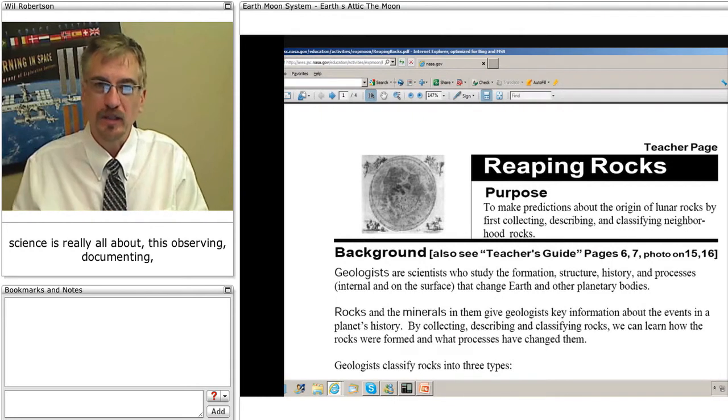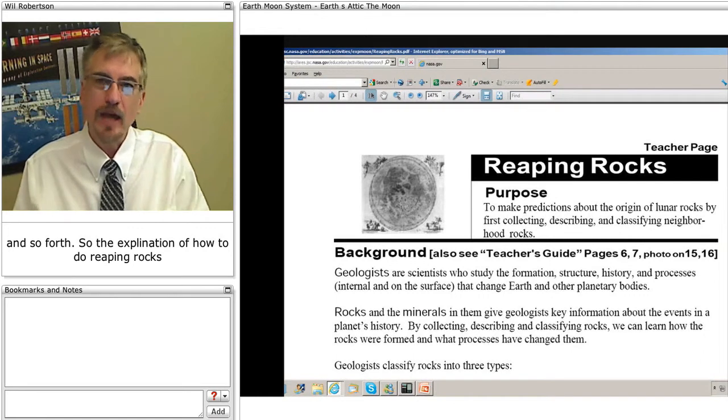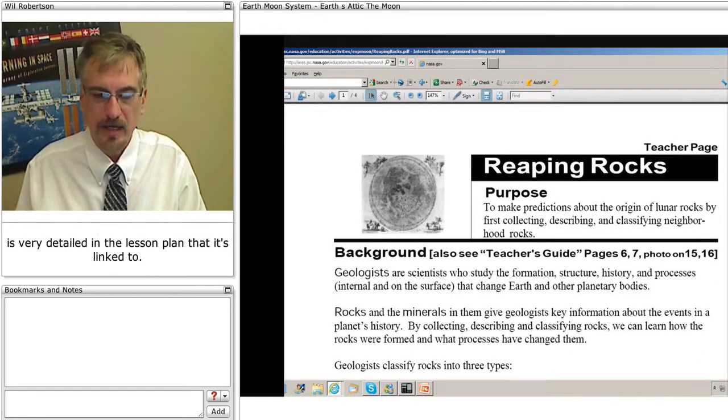It's observing, it's documenting, and so forth. So the explanation of how to do reaping rocks is very detailed in the lesson plan that it's linked to.